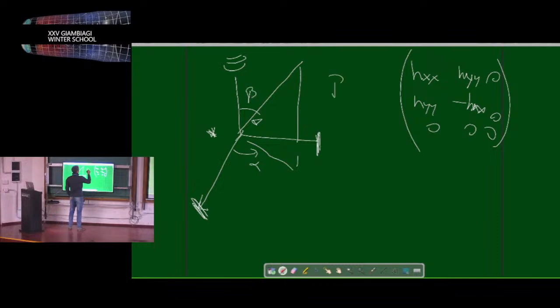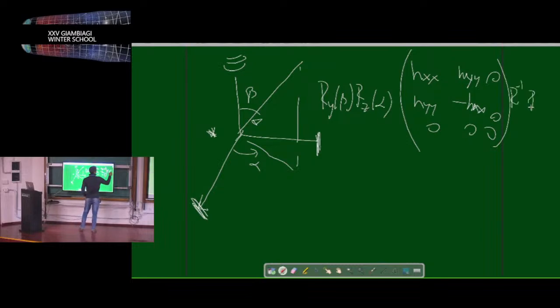You apply a rotation around the y-axis of beta, and a rotation around the z-axis of alpha. First the rotation around the z-axis of alpha, then the rotation around the y-axis of beta, then the rotation around the z-axis of alpha, and here the same rotation to the -1. This is the standard way you rotate a tensor in 3 dimensions, and so you obtain a new hxx and a new hyy, okay?